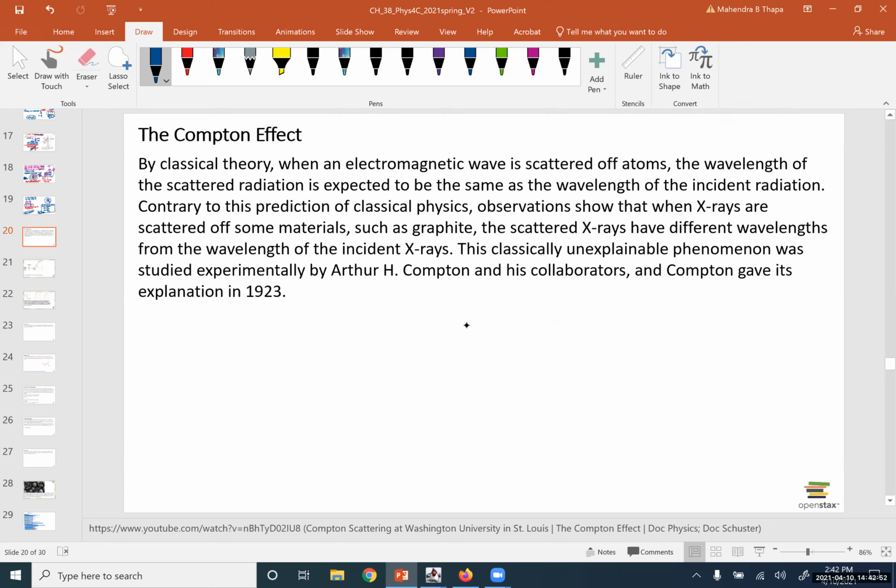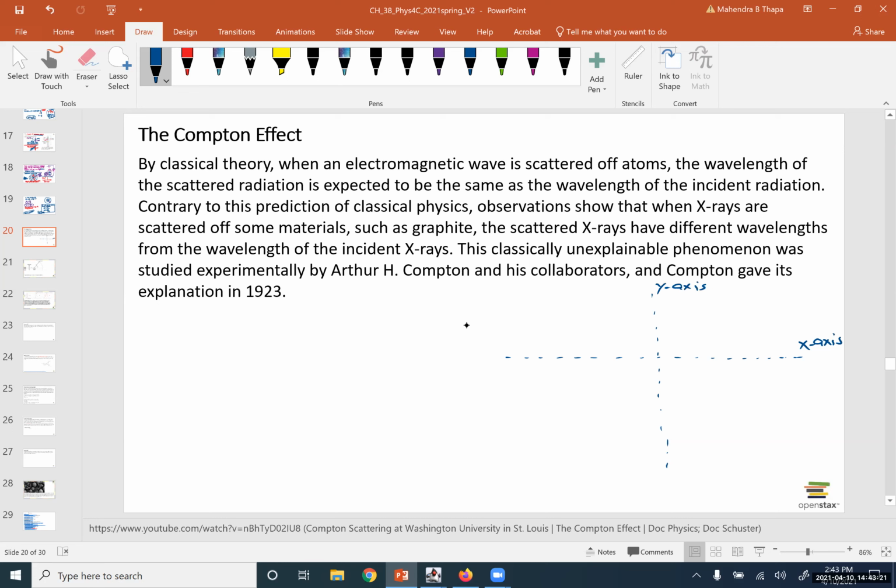In the Compton effect, say for example, I have an x-axis and a y-axis.